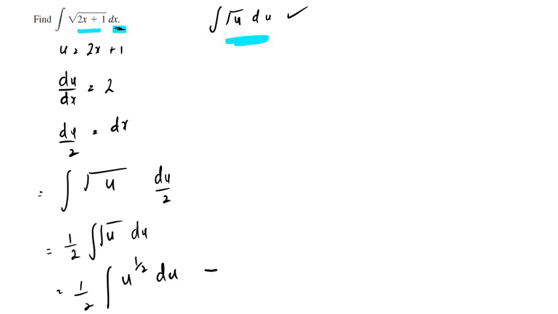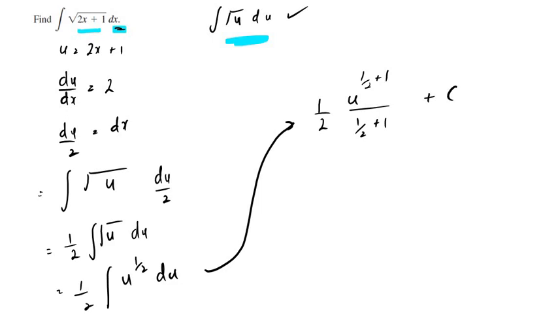So we will go here. Now we'll give enough space. So it is half, and we know how to integrate this. We add 1 to the power: u to the power half plus 1, divided by half plus 1, and we add a c here. So it is half u to the power 3 over 2 plus c, and this is half u to the power 3 over 2 times 2 over 3 plus c.